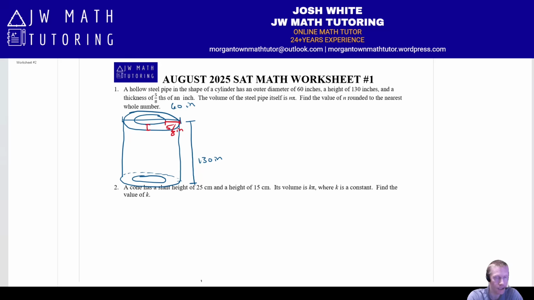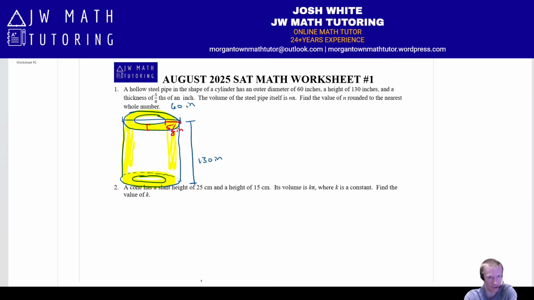The question is asking for what is the volume of the steel pipe itself. So in other words, it's like if you filled in just this area and then extended it all the way down, what would that volume be?